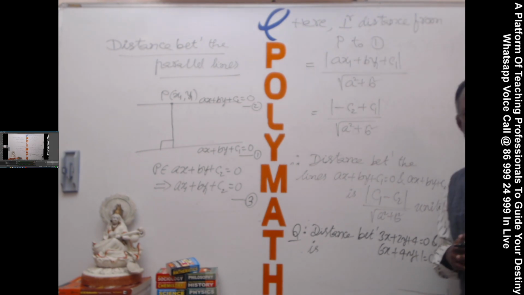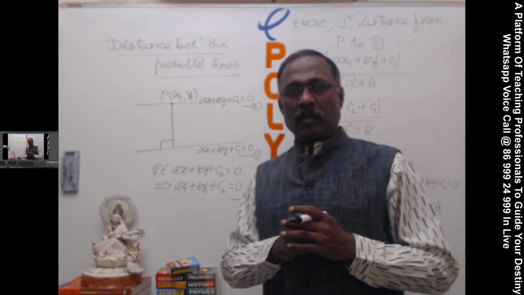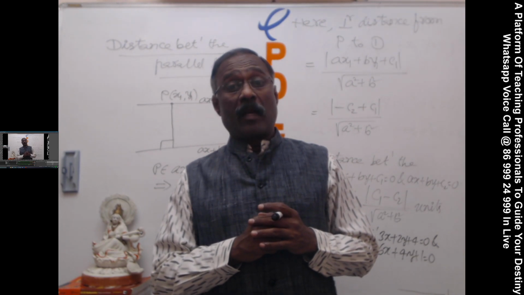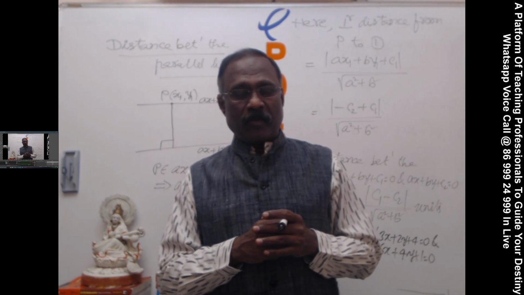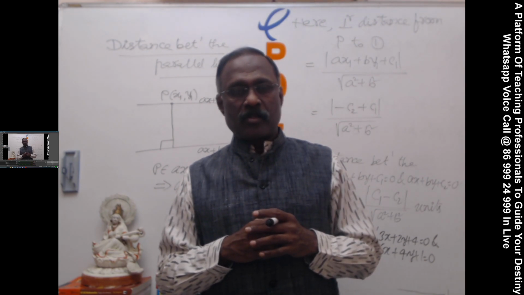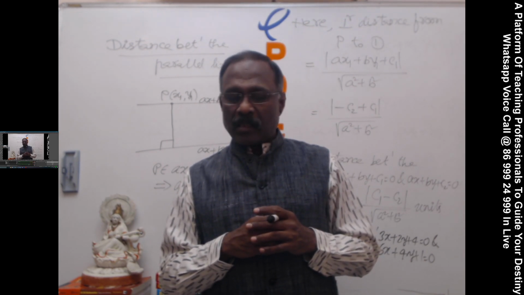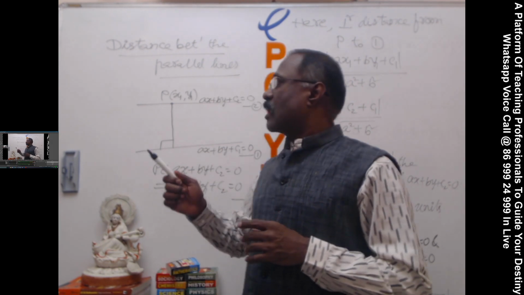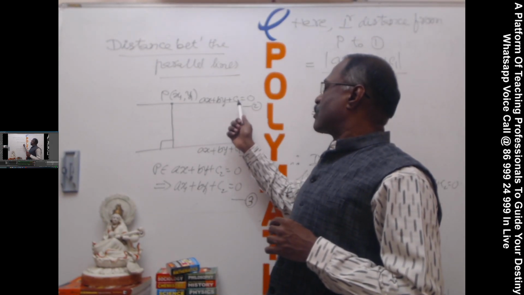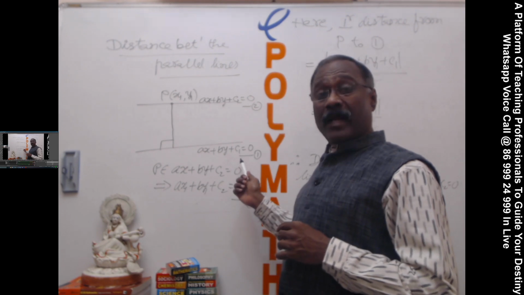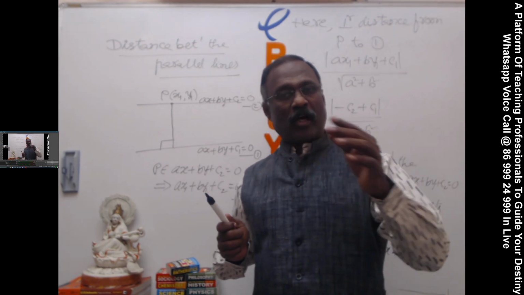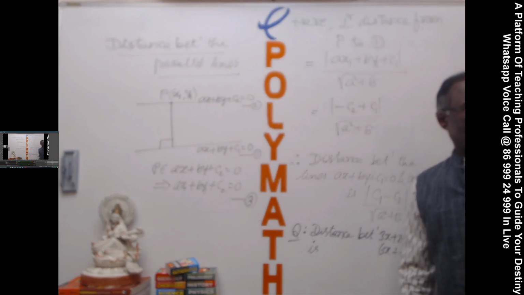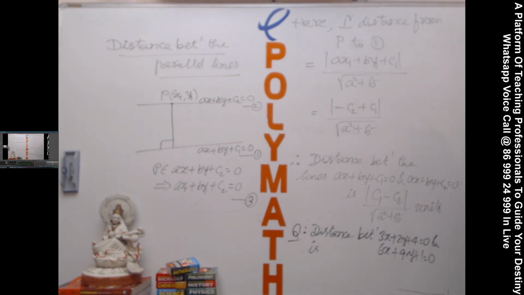There's no doubt they are parallel, but they are not suitable for us to apply the formula directly, because the lines are ax plus by plus c2 equal to 0 and ax plus by plus c1 equal to 0. They must have the same coefficients, and hence in this question, what is to be done? You have to multiply this with 2, please.